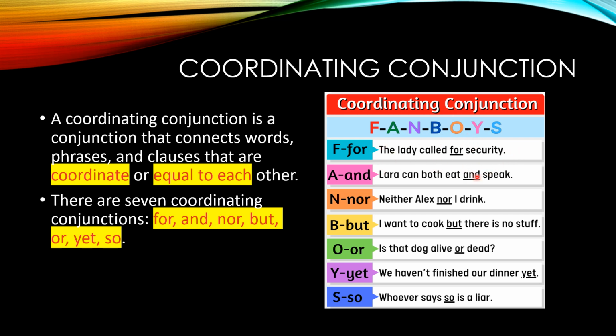Now, and: Lara can both eat and speak. You can see that and is used to join two equal words like eat and speak. Both are verbs. So, and is used to join these two equal verbs. We have many other examples, you can go through them.